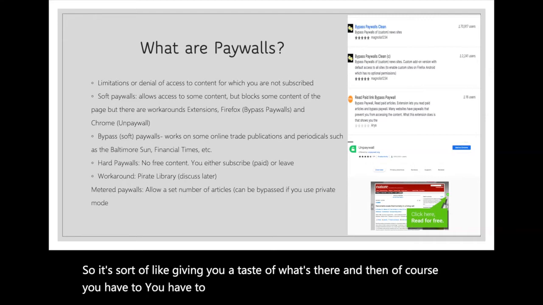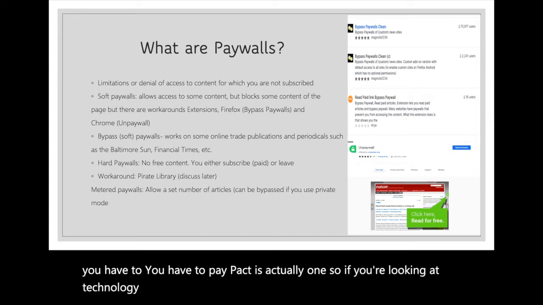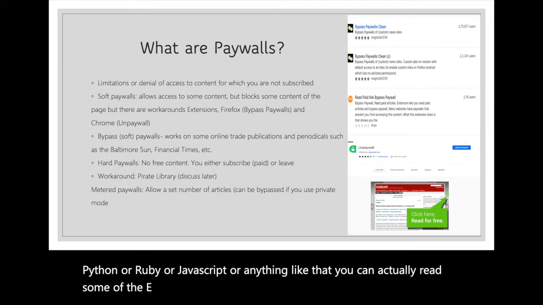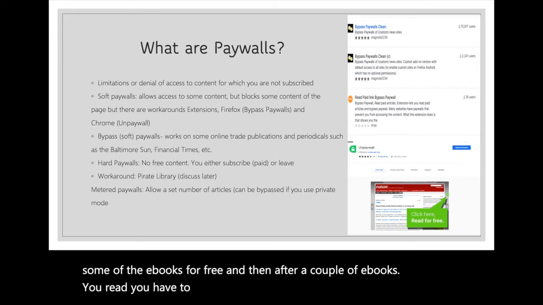Packt is actually one. So if you're looking at technology books, let's say you're interested in learning Python or Ruby or JavaScript or anything like that, you can actually read some of the ebooks for free. And then after a couple of those ebooks that you read, you have to then pay an amount. So those are metered paywalls.